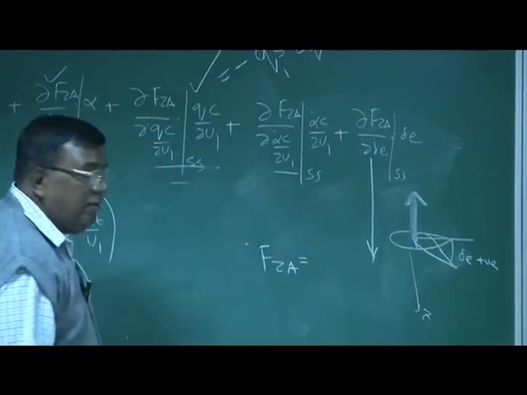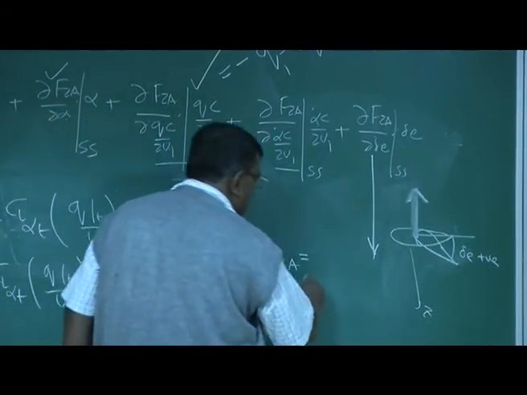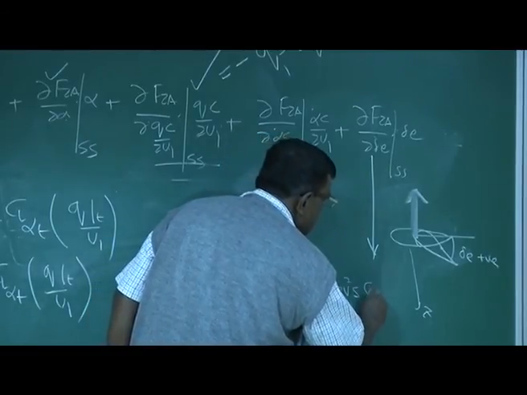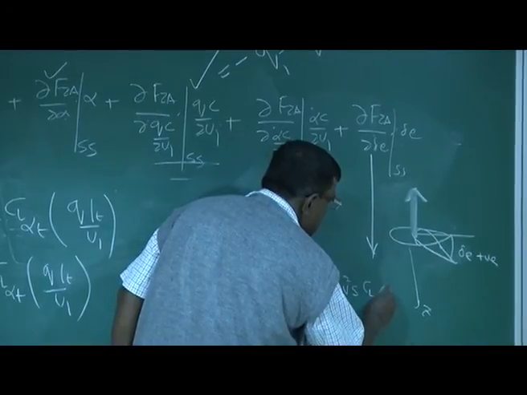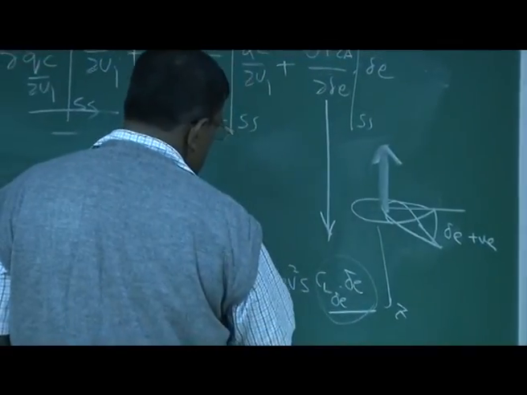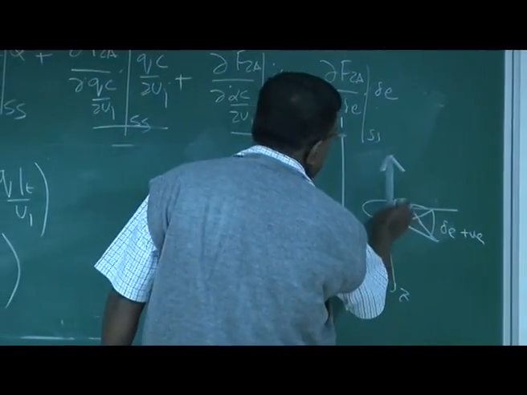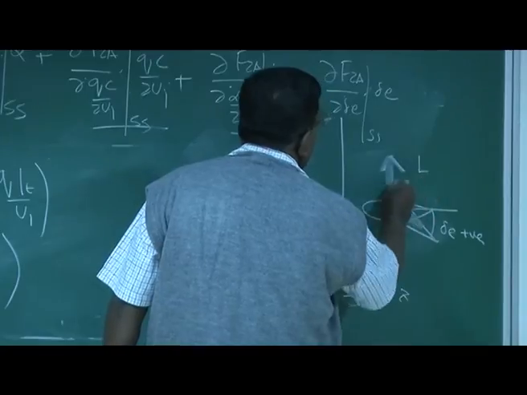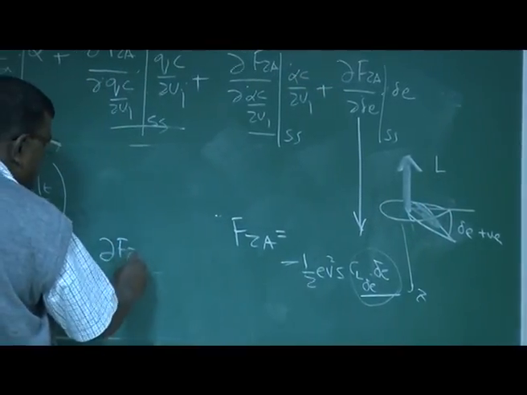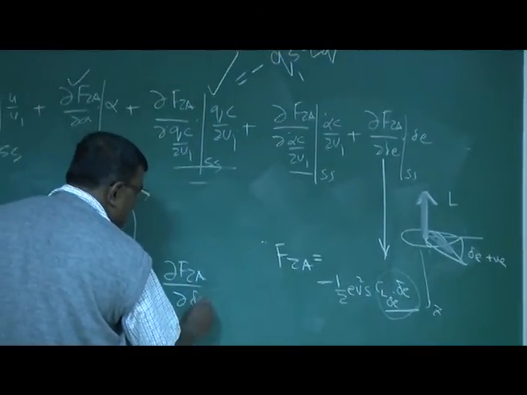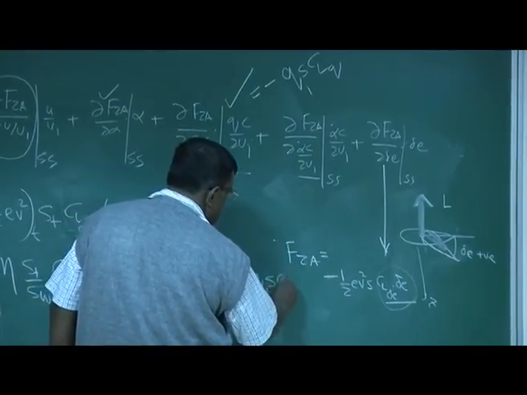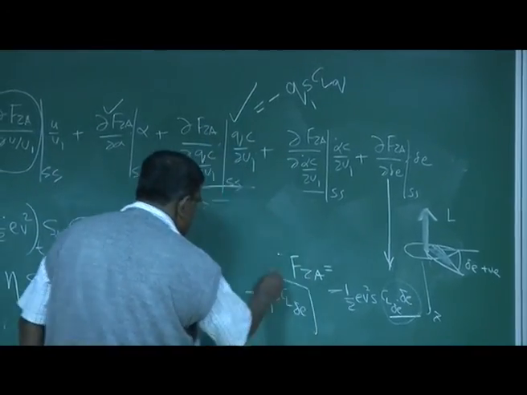So I have to write FZA as minus half rho V square S CL delta E into delta E. Because this is the CL because of delta E, minus sign because delta E is positive. If it is down, the lift is in the opposite direction of Z. So this minus sign. So what is your dFZA by d delta E? This is nothing but minus Q1 S CL delta E.